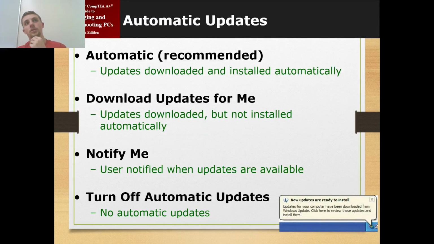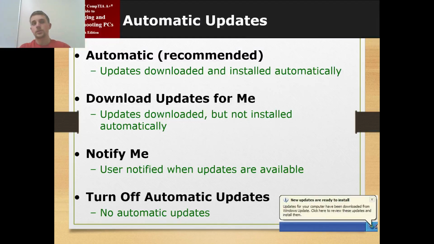Do it automatically, download and install. Download but not install, so it asks you after it is downloaded if you want to install. Notify. So that's literally, it checks for new updates, but it won't download them and it won't install any automatically. Then turn off, it won't check, it won't ask you. Highly unrecommended.